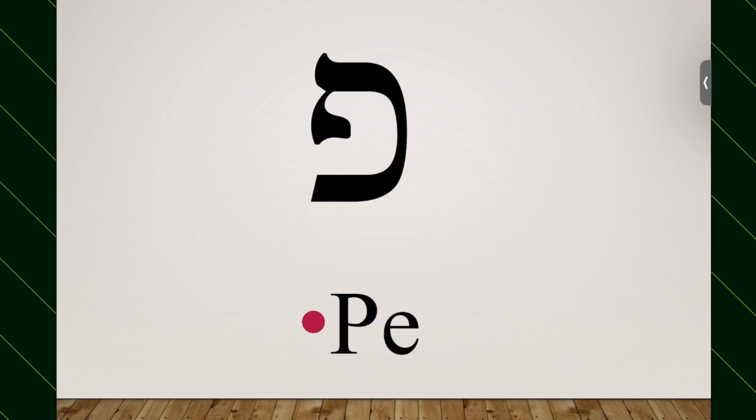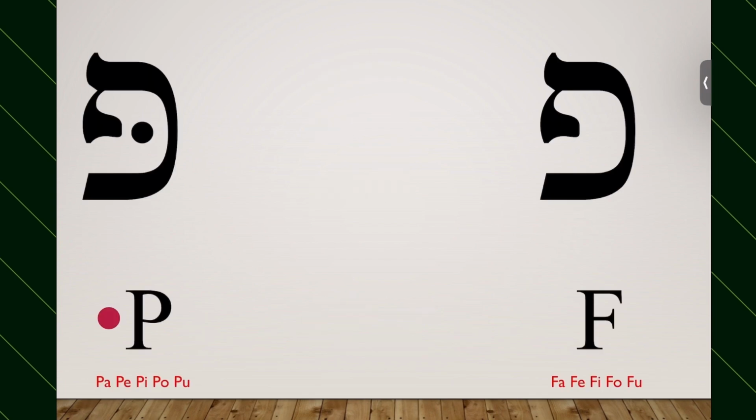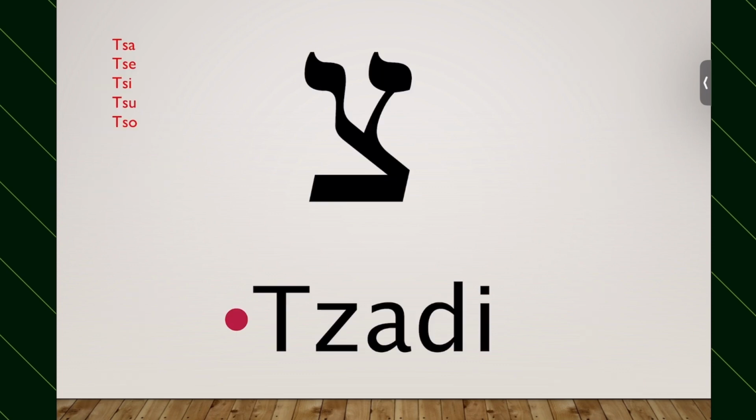Pei. Okay, pei also has two versions. Pei with dagesh, pa, pe, pi, po, pu. Pei without dagesh, it's like an F, fa, fe, fi, fo, fu. Okay, now we have tzadik. Tzadik is tza, tse, tzi, tso, tzu.